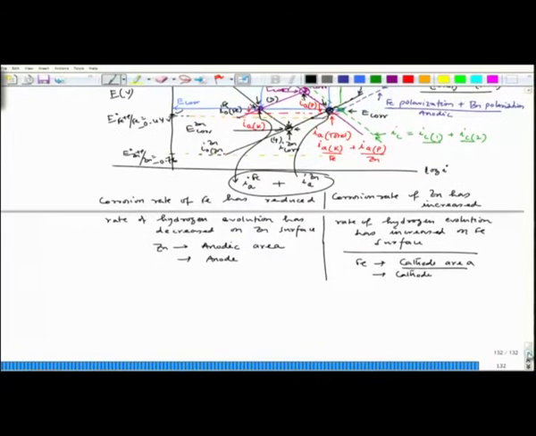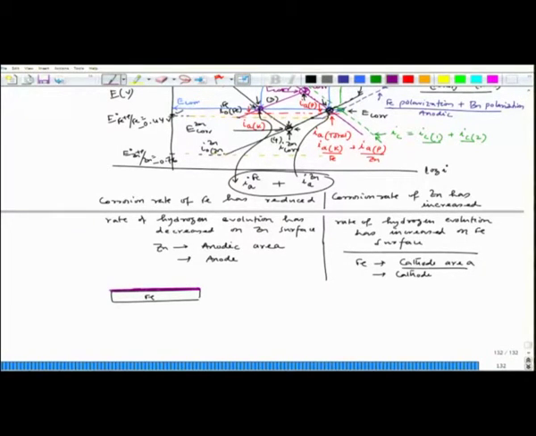Exactly the similar situation happens when we have an iron piece. This is iron, and on top of it if I put a zinc layer, the red color is the zinc layer. So, until and unless zinc is covering the iron surface, we have one single reaction, which is zinc dissolution.